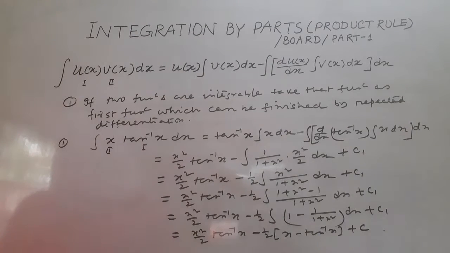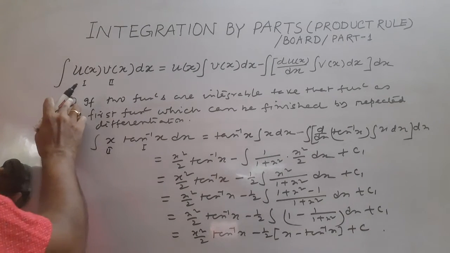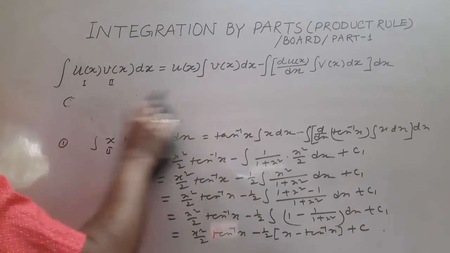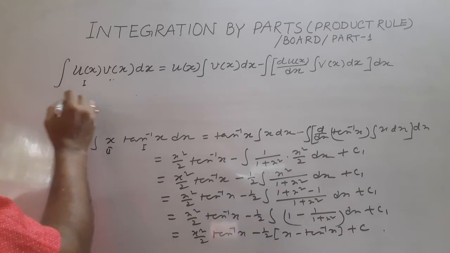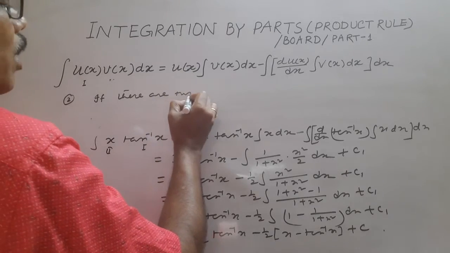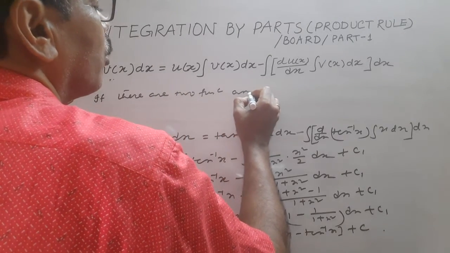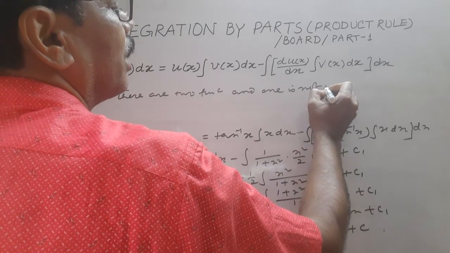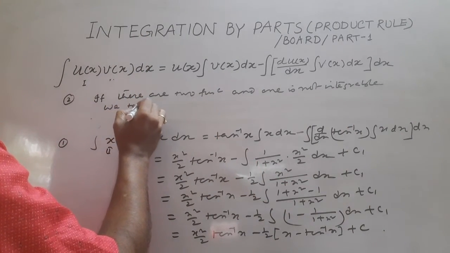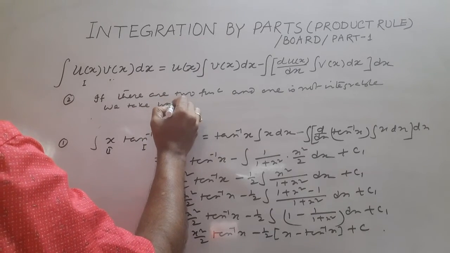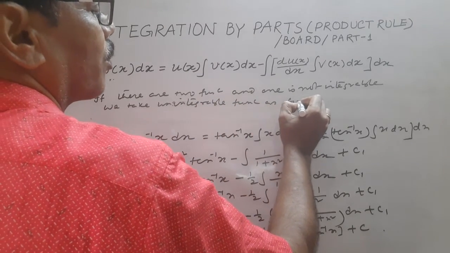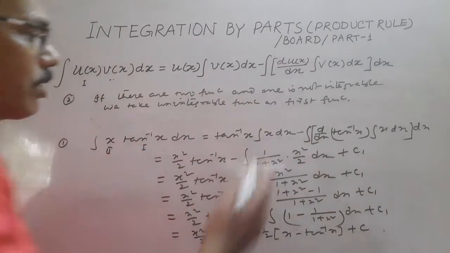So what is our second observation? Second observation: if there are two functions and one is not integrable, we take the unintegrable function as the first function.